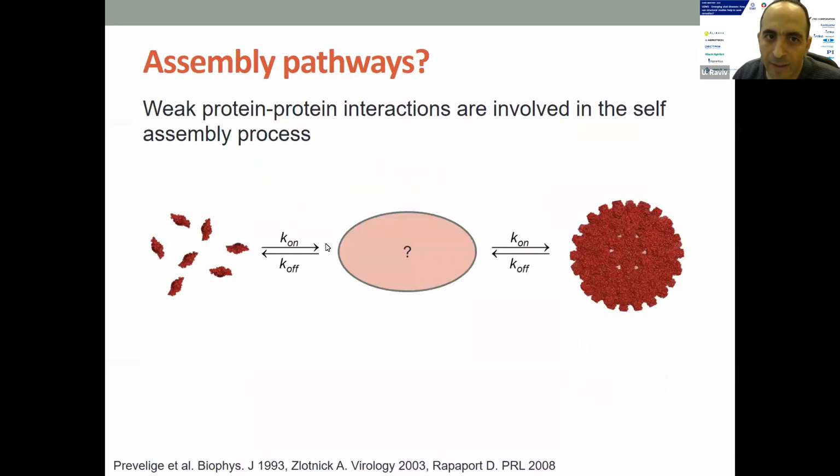The interesting thing is that this involves relatively weak protein-protein interactions. The idea was really to find what is going on in the middle, what the rates are, and what the mechanism and pathway are for going from the dimer all the way to the capsid.